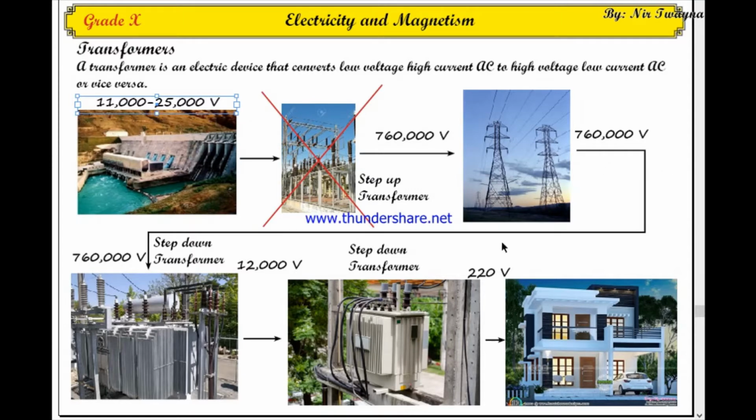At that voltage, lots of current would be lost in the process of transmission. And no transformer means these steps also won't be there. So what voltage of current will you get at your home? Directly you will get 25,000 volt. What happens to your circuit and devices if you receive 25,000 volt of current? It would be a huge disaster. That is why a transformer is essential.